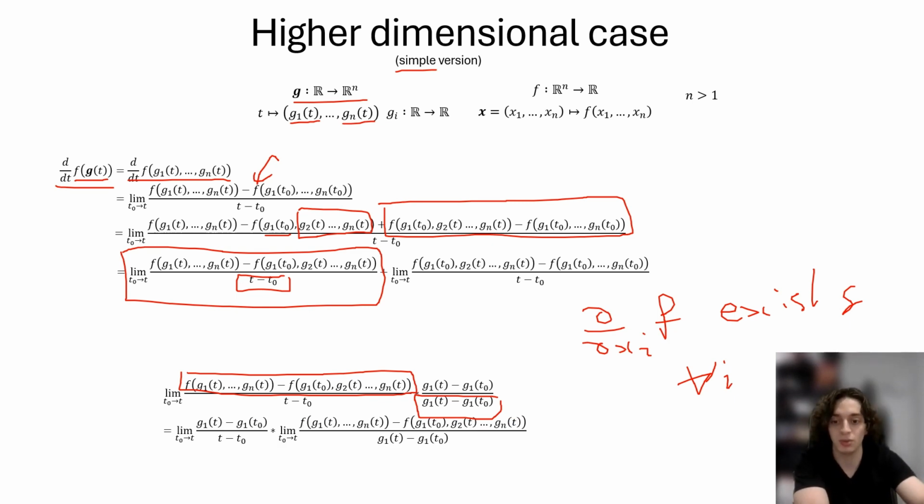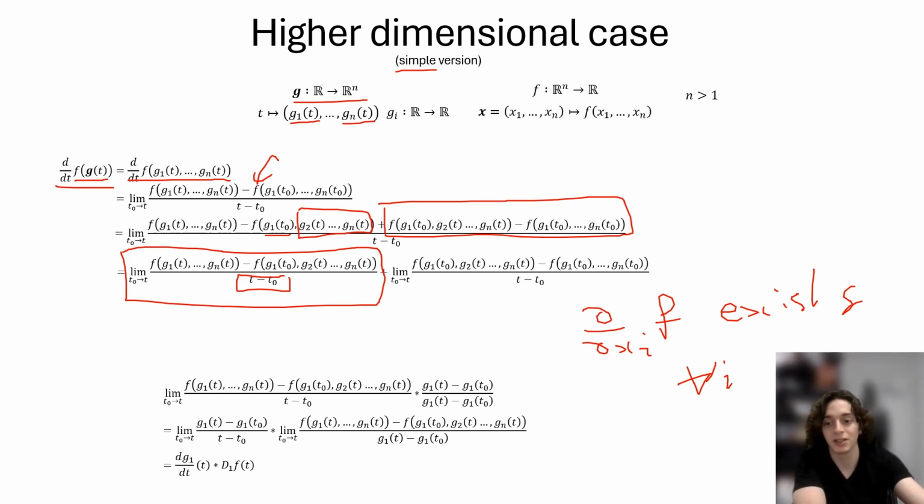So very nicely, we do in fact get a partial derivative of the first component evaluated at g of t. And then what do we do with the other numerator and denominator? We get g1 of t minus g1 of t0 divided by t minus t0. That is straight up just the derivative of g1, which is nice. Now we have the derivative of g1 and the partial of f.